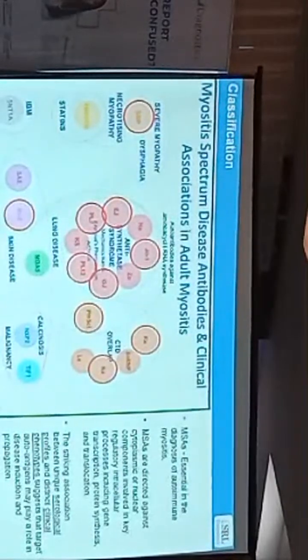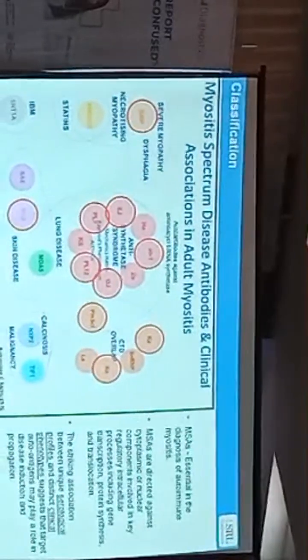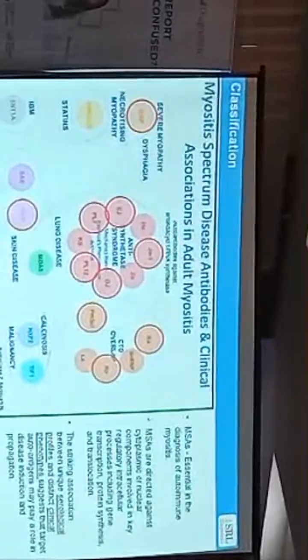If you remember, when I was talking about the mechanism of autoimmunity, the clinical phenotype depends upon the specific target antigen. Then antibodies against those target antigens help in the diagnosis. These are tissue-specific antigens, for example SRP.